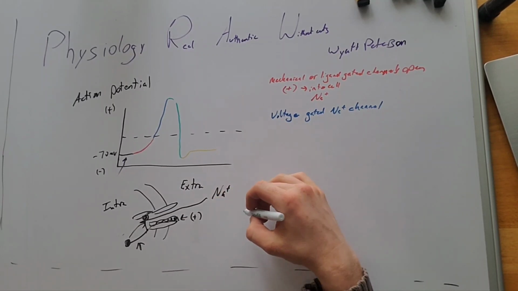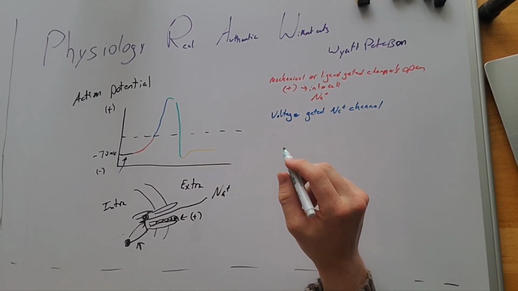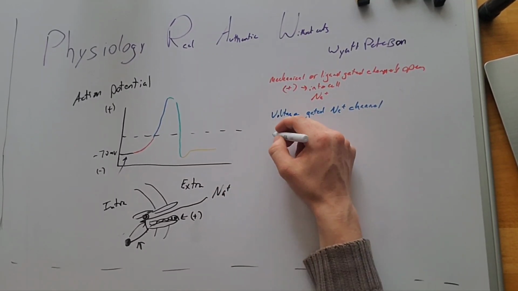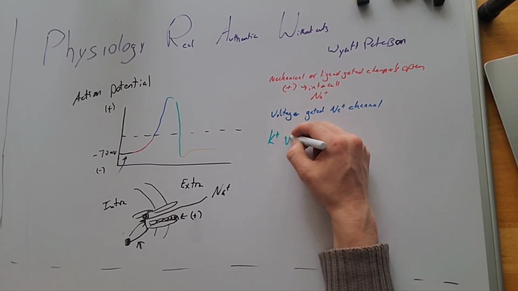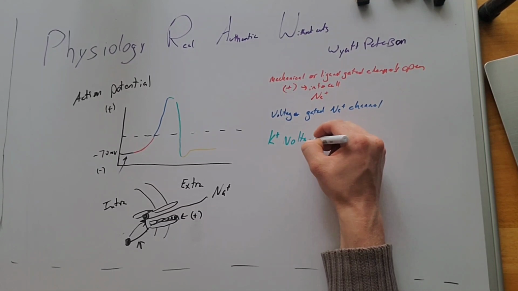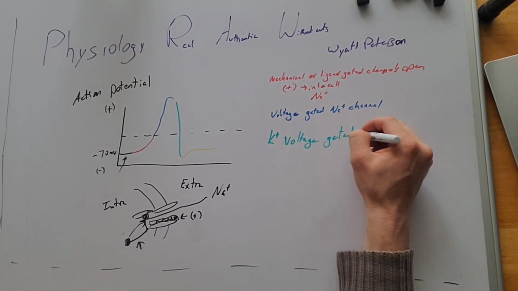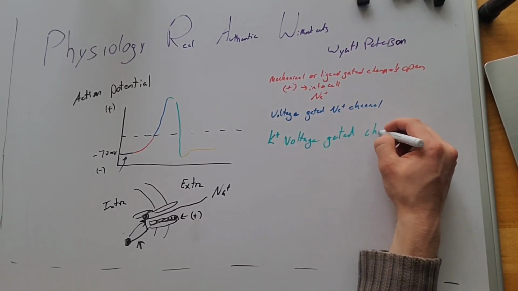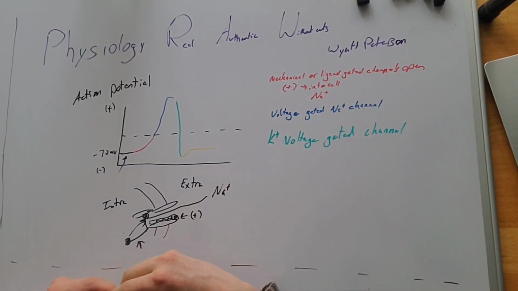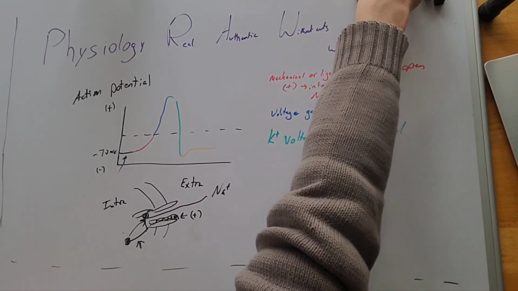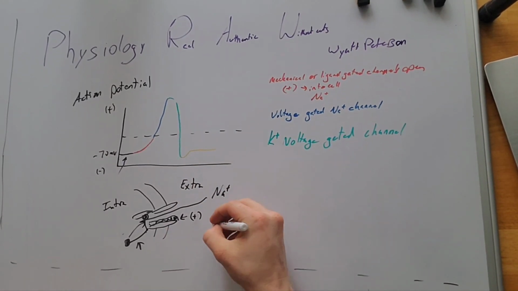Once this closes up, then potassium voltage gated, K plus voltage gated channels will open. So what potassium does now, let's just draw a little.